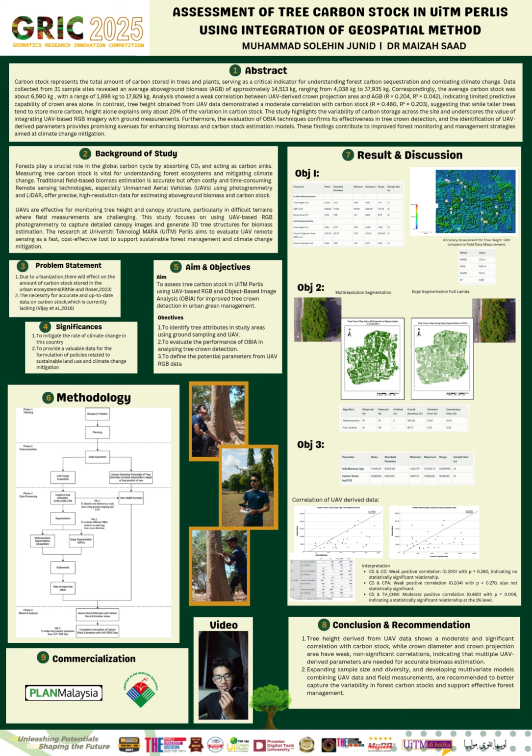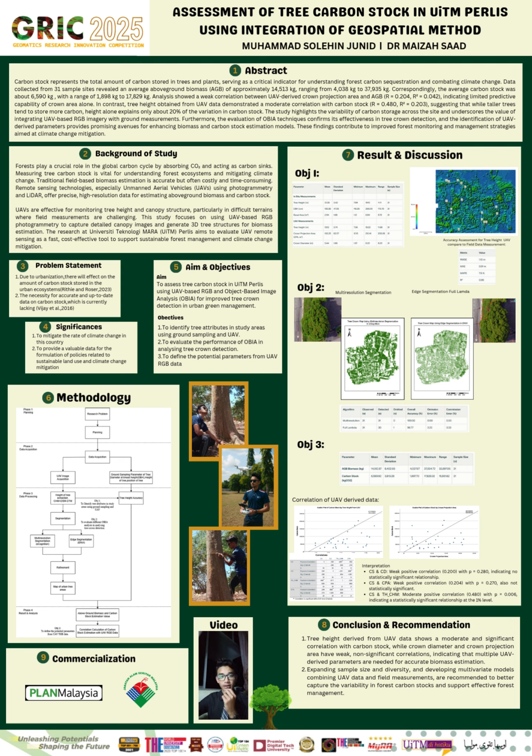So we do the correlation calculations. I have provided the scatter plot of the carbon stock and also the tree height from UAV. And the second one is the carbon stock and crown projection area.